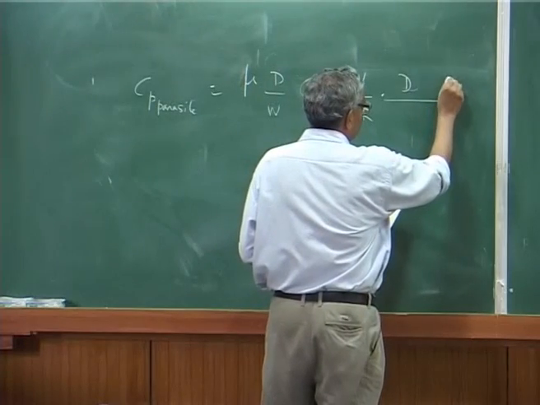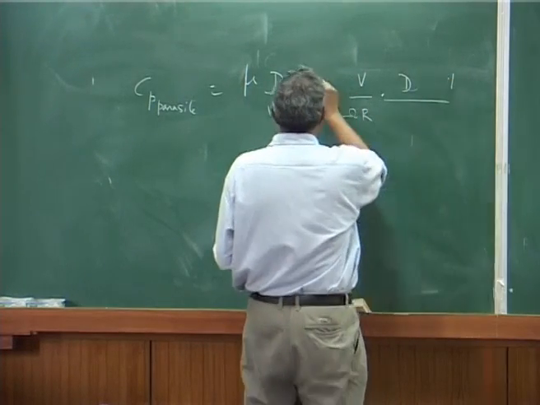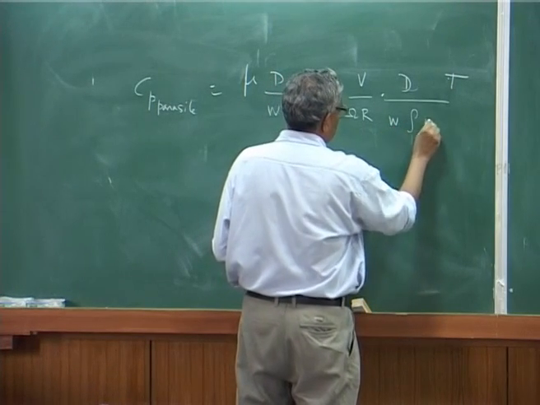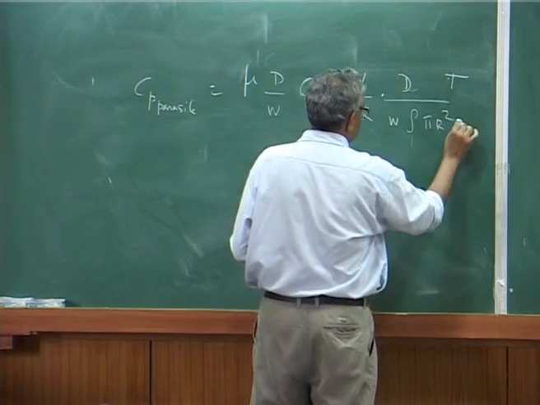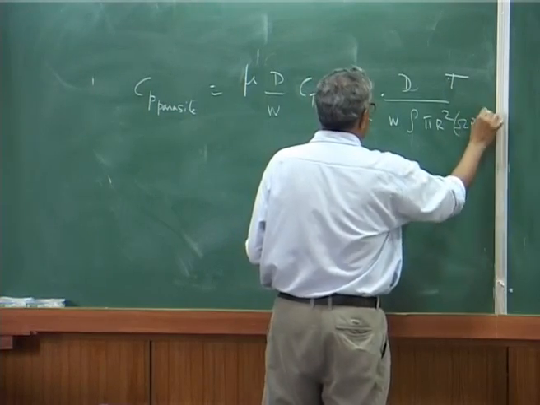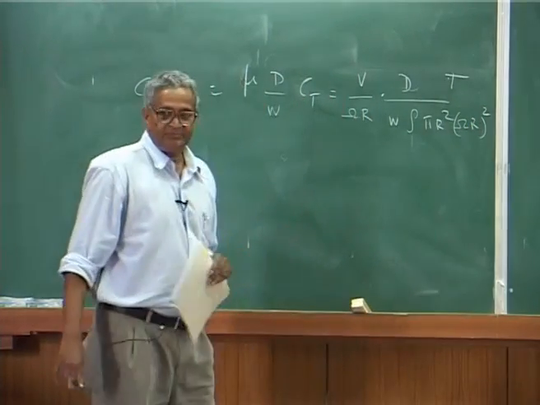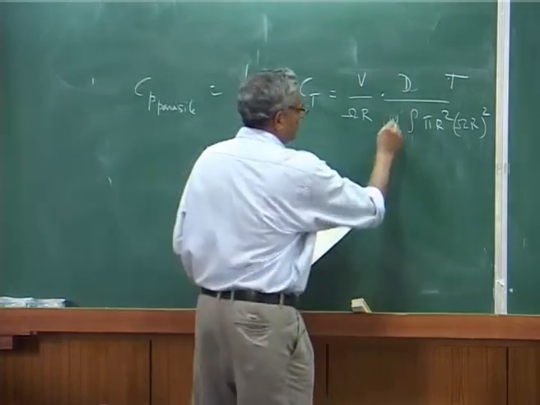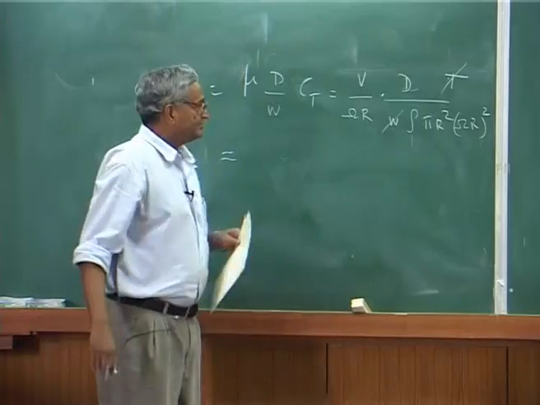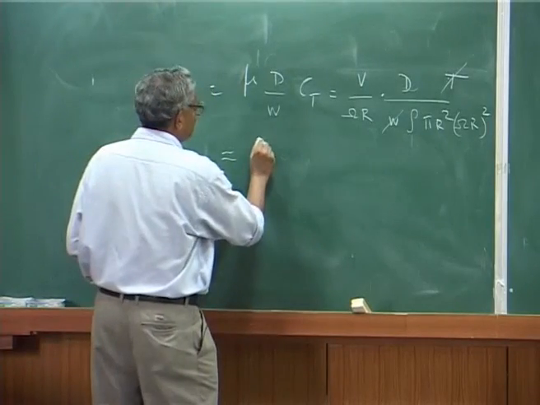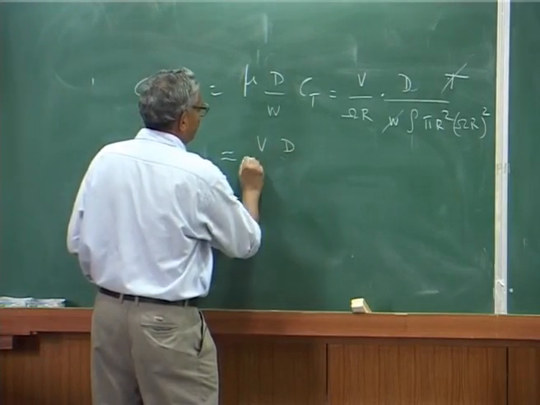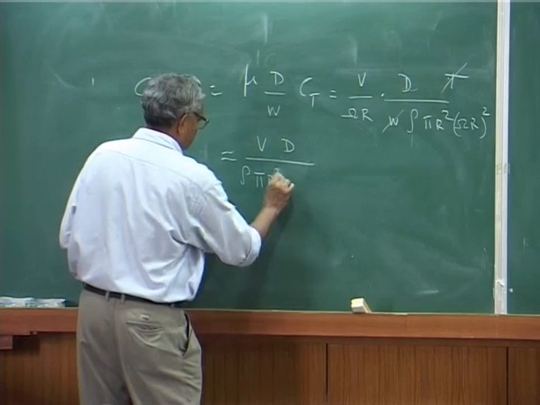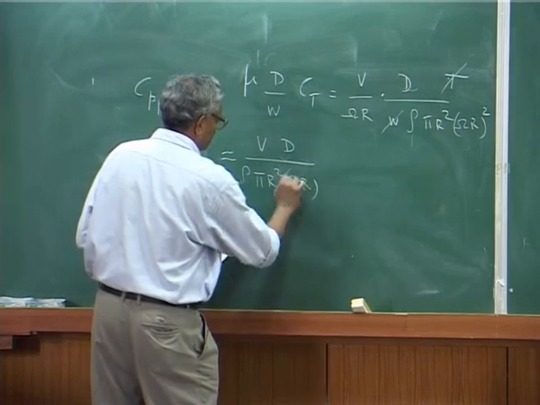So you will have thrust, this is Ct, right. So T and W over rho pi r square omega r whole square, okay. This is approximately, because thrust is W. So you will have V drag over rho pi r square omega r whole cube.